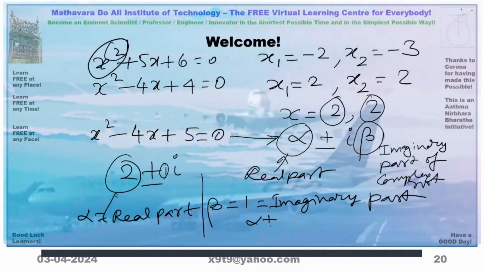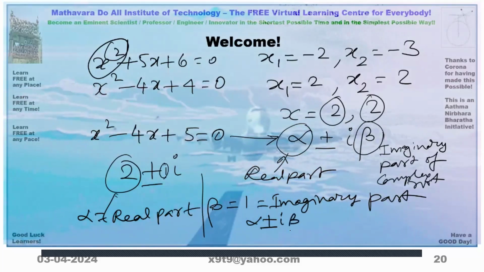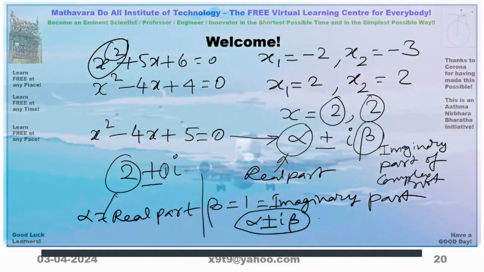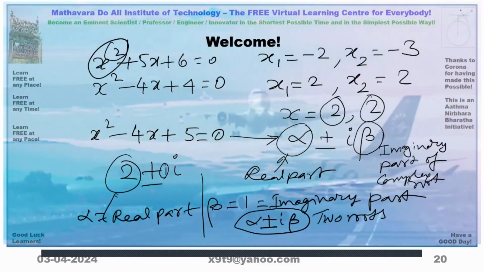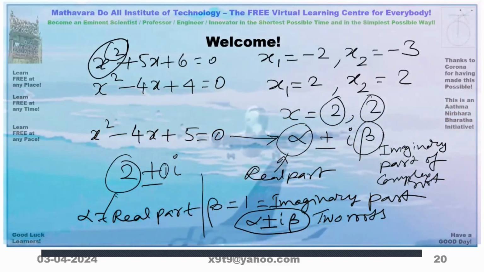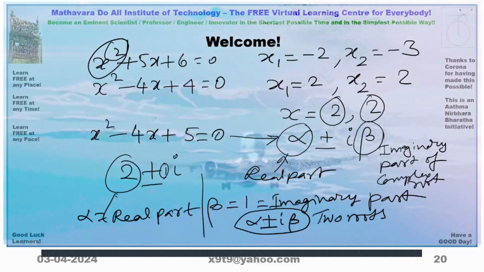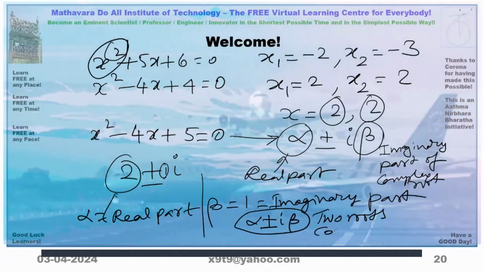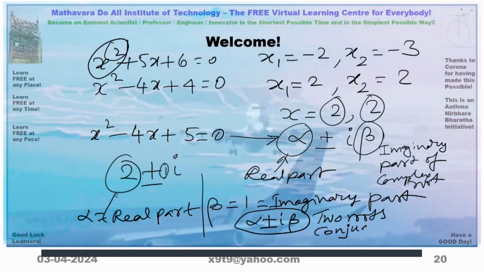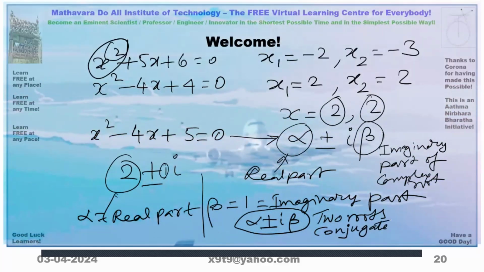So alpha plus minus I beta, they give two roots. They are not occurring singly, but they are together in pairs. So this pair is called as conjugate pairs.